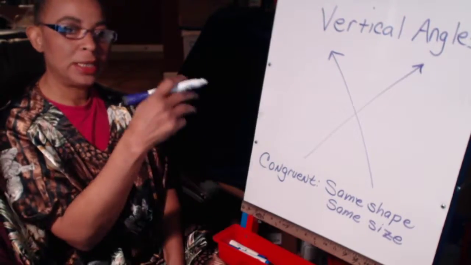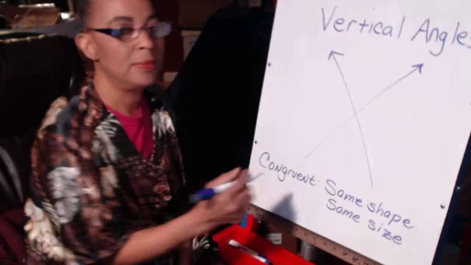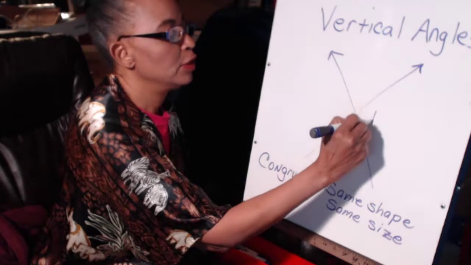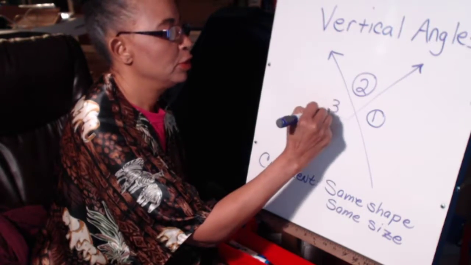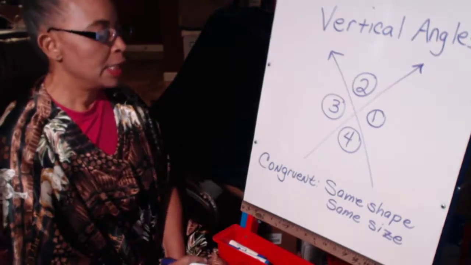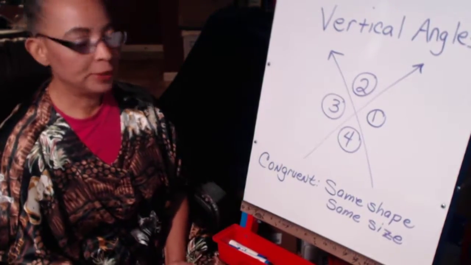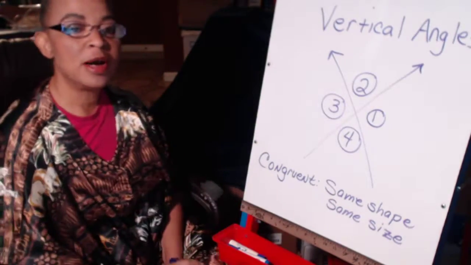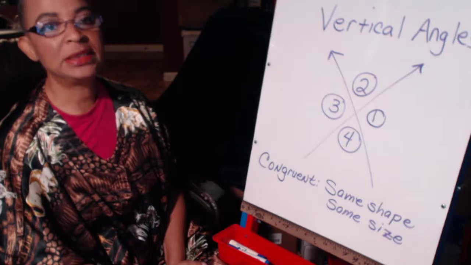So let's go in a counterclockwise version, and I'm going to just number them 1 through 4. So this is angle 1, 2, 3, and 4. Now, what makes them congruent? Would you agree that angle 2 and 4 appear to be pretty much the same?